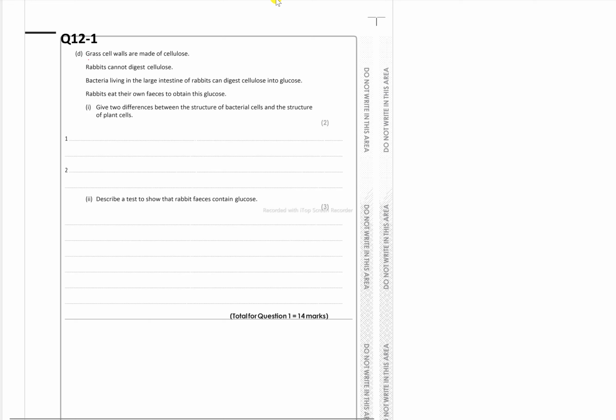Okay, so grass cell walls are made out of cellulose. Cellulose is a carbohydrate. Okay, what are the three molecules? Carbohydrates. What are the other ones? Proteins and lipids. And remember what we said about lipids.